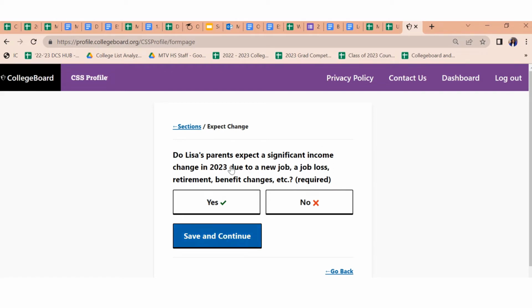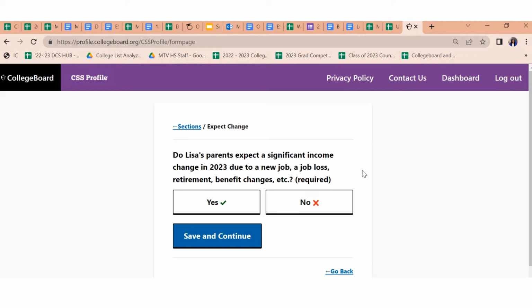And now we're also talking about 2023. So next year, does this student's parent expect a significant income change due to a new job or a job loss, retirement, or benefit changes? So again, they're trying to predict what the next year will look like financially for this student's family.